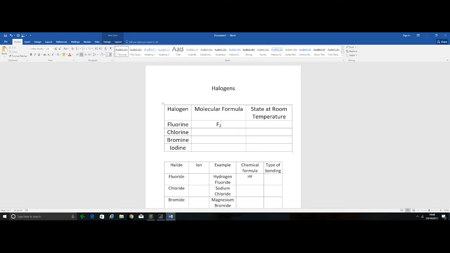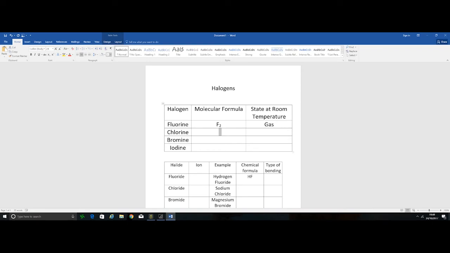Now if fluorine exists as F2, I want you to pause the video and have a go at how you think chlorine, bromine and iodine exist by themselves. Right, so pause the video, have a go at that. I'm just going to carry on right now and go with the state at room temperature. So fluorine is a gas at room temperature.